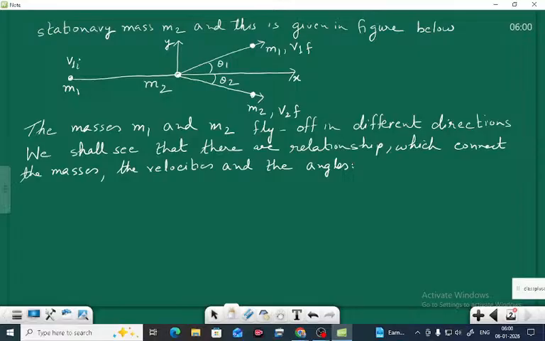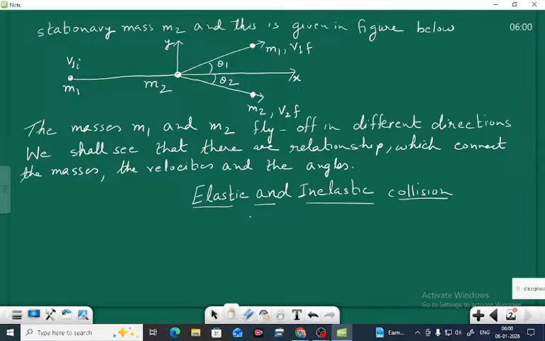Now we learn first about elastic and inelastic collisions: what is the difference between them and how can you deal with these two things.